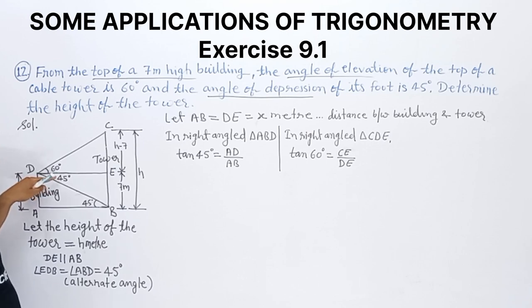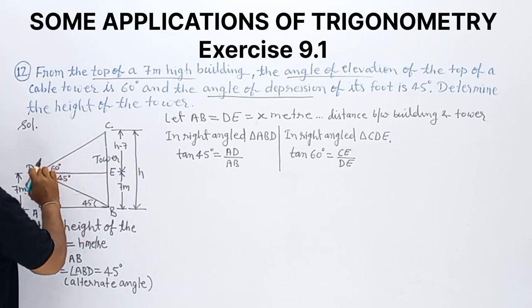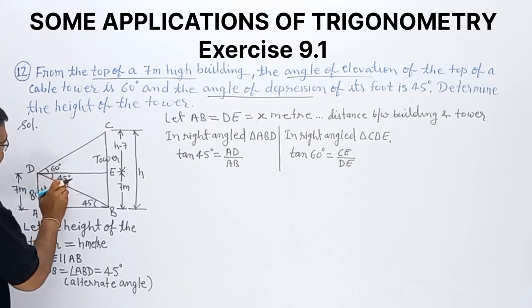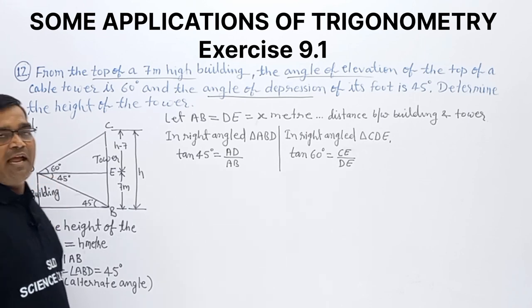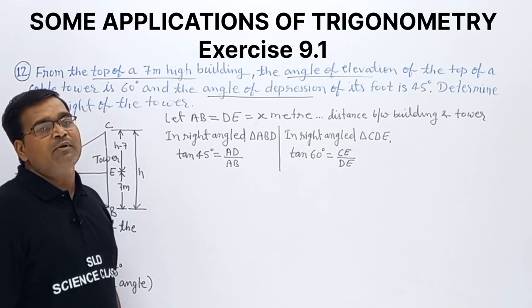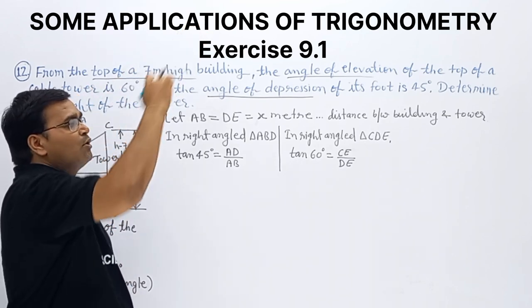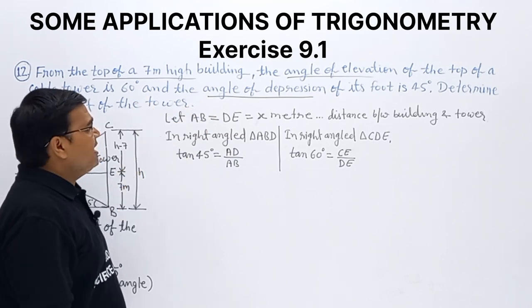And this 45 degrees is the angle of depression. Why? Because once we consider this a horizontal line, the line of sight above it making an angle is called the angle of elevation, and the line of sight below this horizontal line making an angle is called the angle of depression. Clear? How do we measure? Once we raise our head, the eyes with the horizontal line make the angle of elevation.